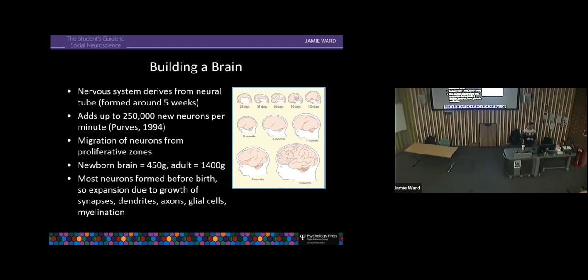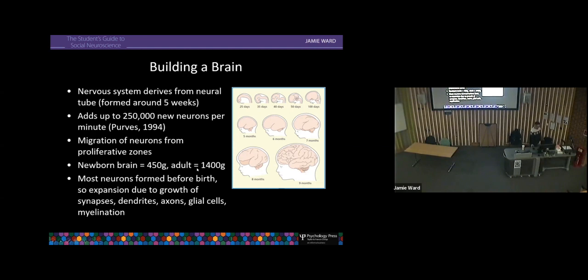Basically, as these neurons are formed, they form from a particular place in the brain, and then they migrate outwards. Sometimes they migrate out just by the inward pressure pushing them out, and sometimes they're almost like protein ladders that pull them out into certain positions from these zones.